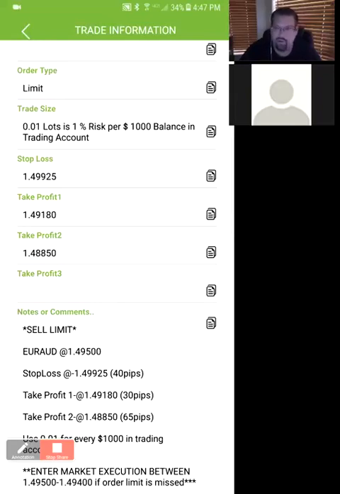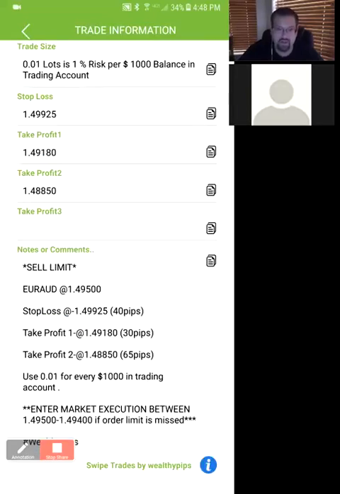We're 20 pips in profit, move your stop loss. We're 30 pips in profit, we'll close out the trade. So you just follow exactly what they tell you in those updates. Now, in the notes, and the notes are very, very important in this, as you see, it says enter market execution between 1.49500 and 1.49400.